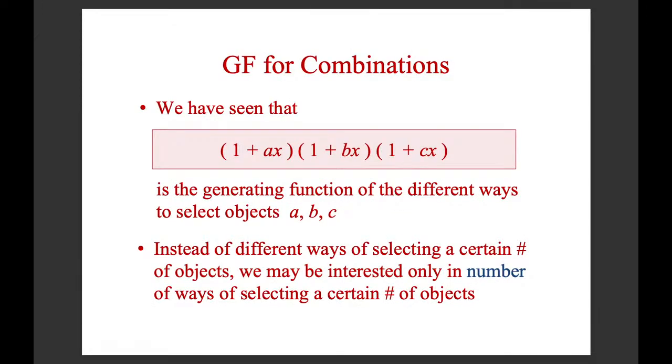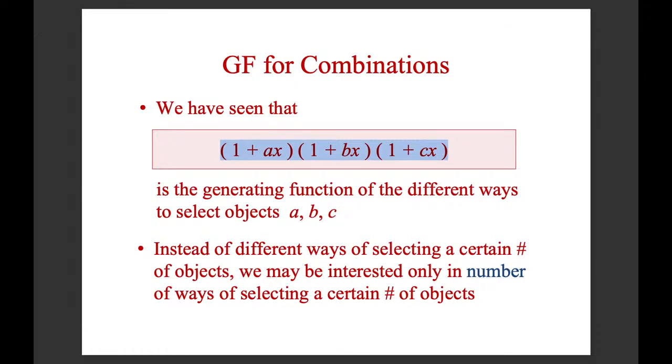Now let us relate the generating function to the combination problems that we are studying. This is what we introduced at the beginning. Here, the expansion of this expression tells us the specific ways of selecting objects.